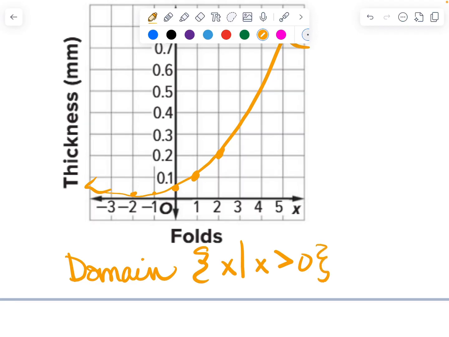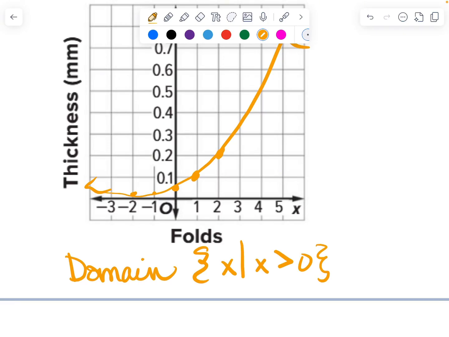Now, the other thing is that normally this would be discrete because we don't actually fold it in halvesies.